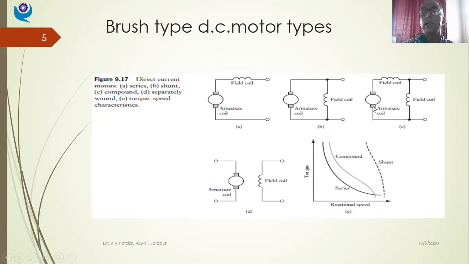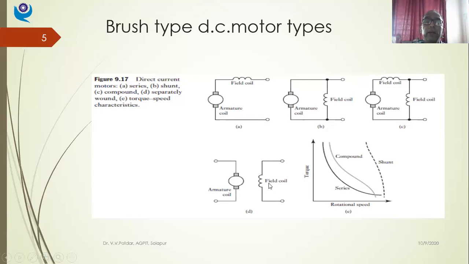Whereas in a compound DC motor, I have both a series field coil and a shunt field coil. So this is called a compound wound DC motor. And there is a fourth type, that is a separately excited or separately wound DC motor.